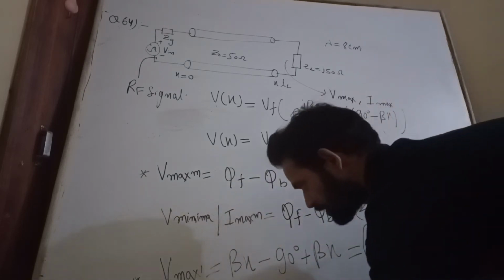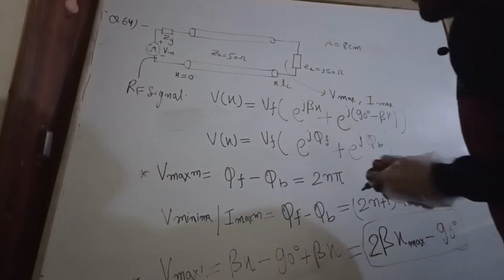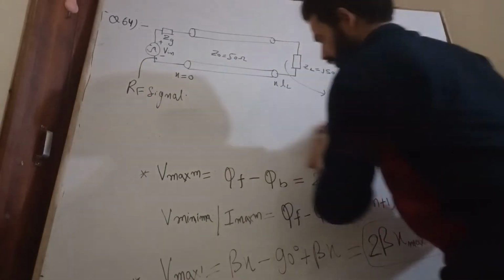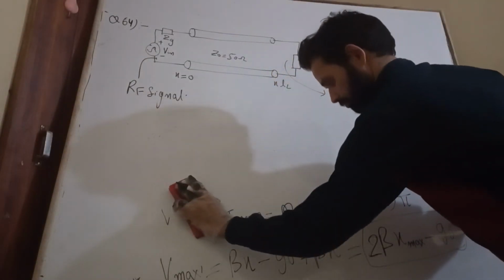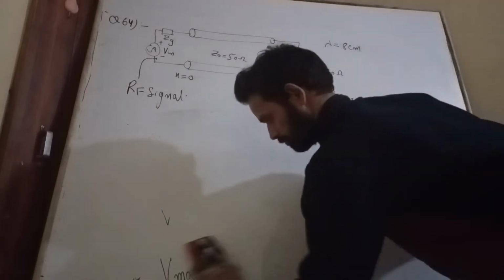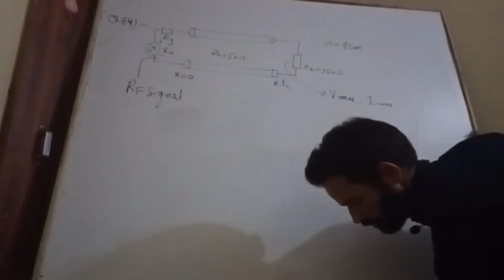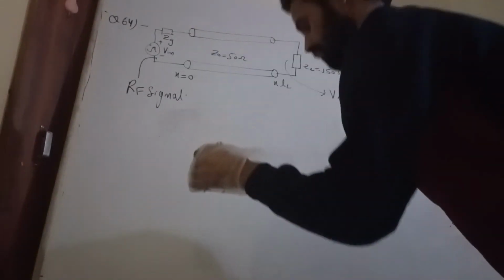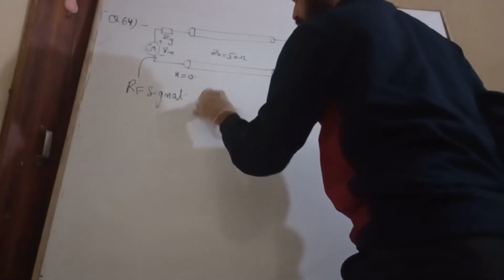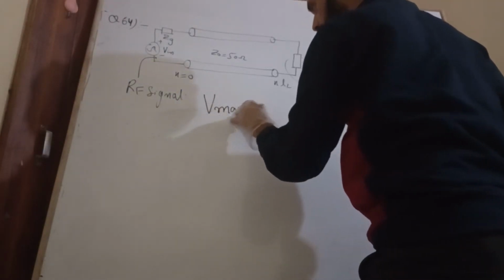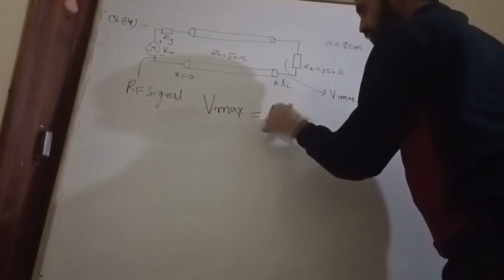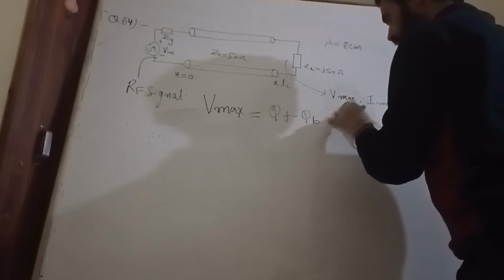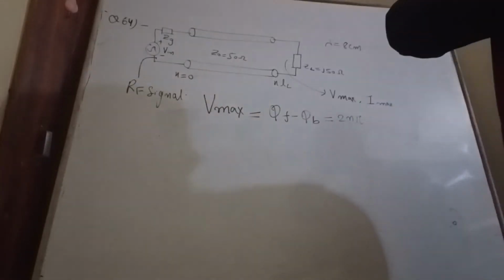This voltage maximum must be equal to what? Let us write it here. For voltage maxima, we got φforward minus φbackward equal to 2nπ.